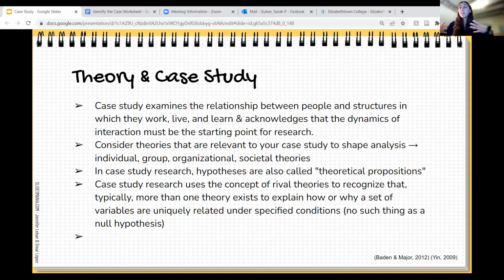So sometimes you may find more than one theory is relevant to your case. This is an important idea because other types of research designs may have a null hypothesis, but a case study does not. That's why rival theories are important within the realm of case studies.